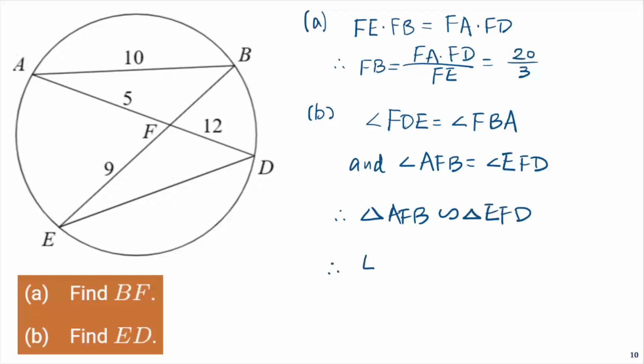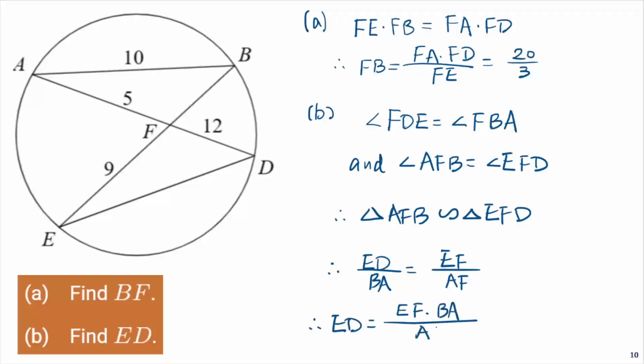Therefore we have ED over BA equals EF over AF. Hence, ED equals EF times BA over AF, right? So that gives us 18.